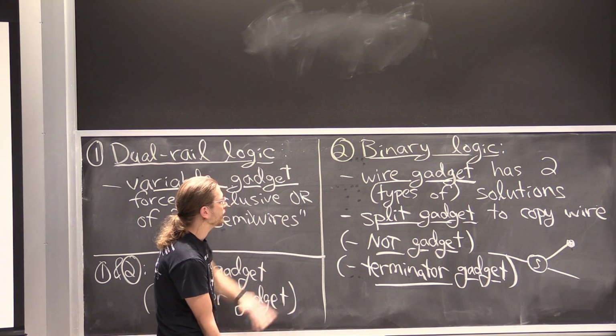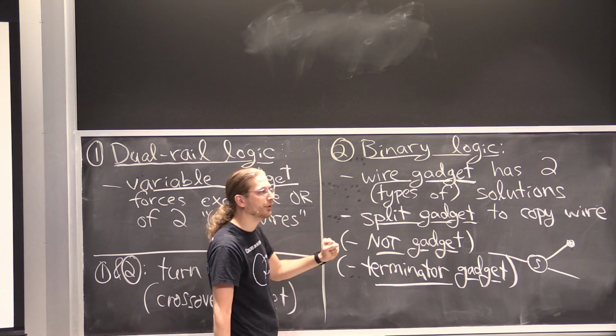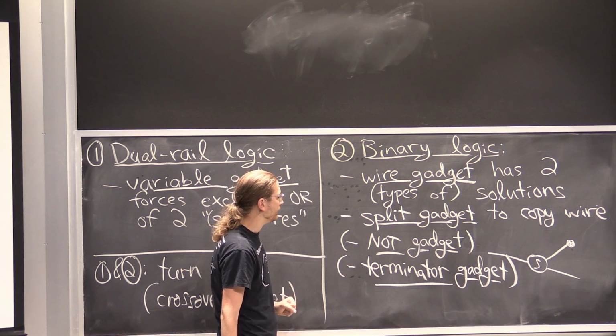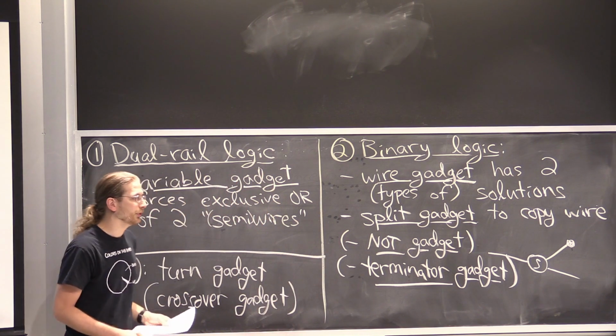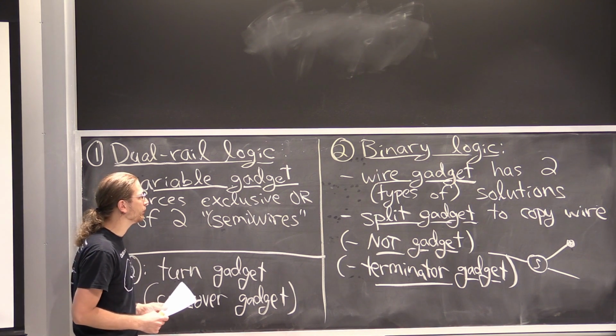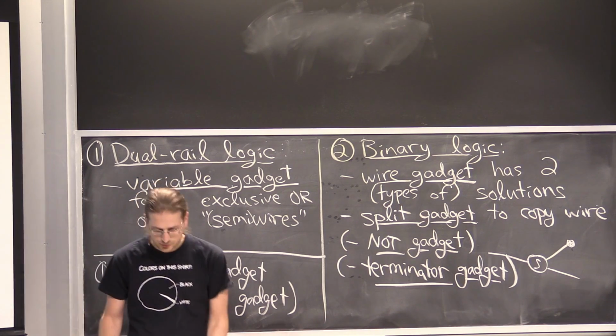And you're going to have wires. You still need splits because you need to be able to take the output of a gate and send it to multiple other gates. In addition to a NOT gadget, you're going to want some other universal logic gate. So we're going to talk about that in a bit after we see some examples.